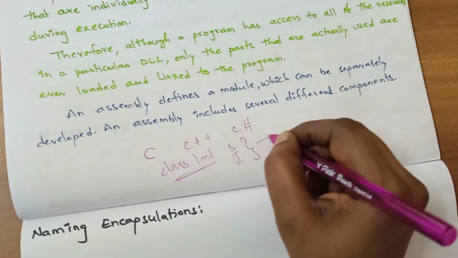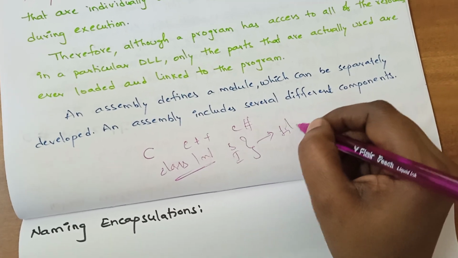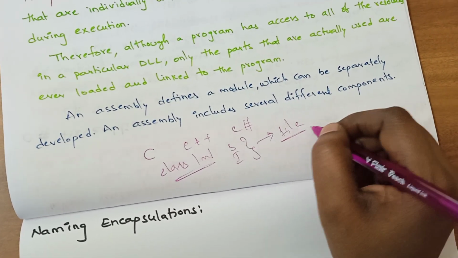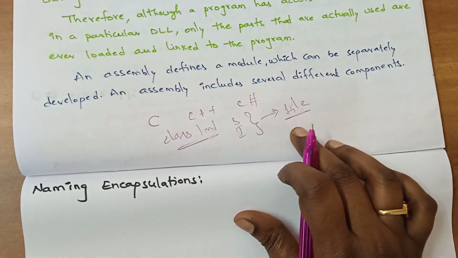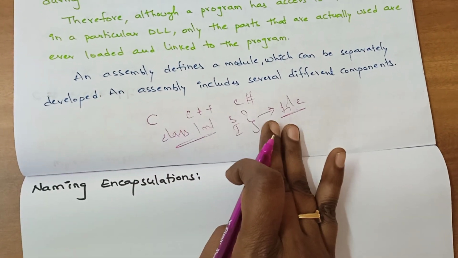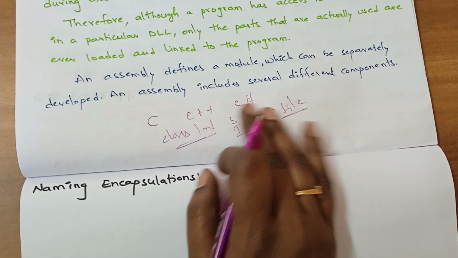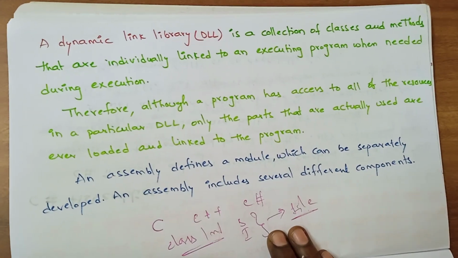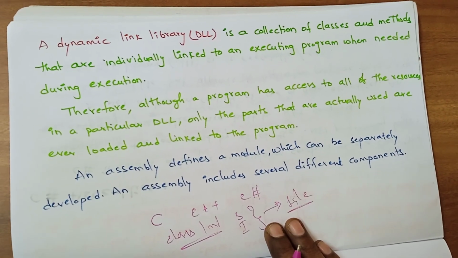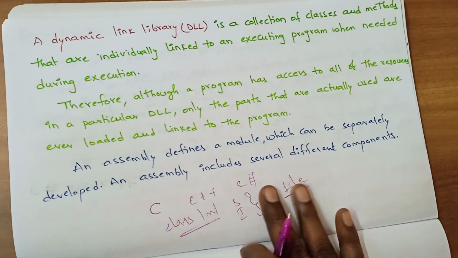This part will be available in a file, and through this file we are supporting encapsulation. As far as C is concerned, this is a header file. In C++, we also call it a header file, but with template header files. In C sharp we call it an assembly. So this is about how encapsulation is provided and what encapsulation is.